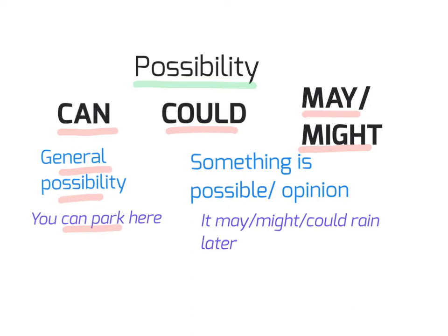On the other hand, could, may, or might express that something is possible, but it is our opinion. For example, it may or might or could rain later. That is our opinion. Perhaps it will rain.